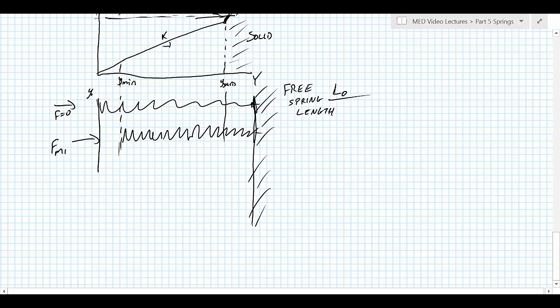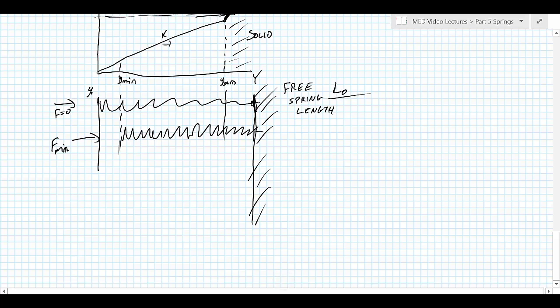This will be our F min, which causes some amount of deflection, our y min. And this will be our minimum load. As you can kind of guess from this, a compression spring is going to always have a non-zero mean stress due to the fact that it's constantly operating under this minimum amount of load. So this is also called the installed length.